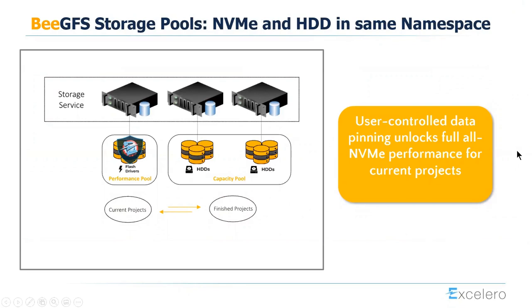So many sites that use BeeGFS often have some sort of tiering mechanism. So we've been talking about NVMesh. NVMesh is the very fast option. It provides logical volumes as block devices. BeeGFS uses those block devices to store its data and benefits from the performance of NVMesh. But most sites will have a mix.